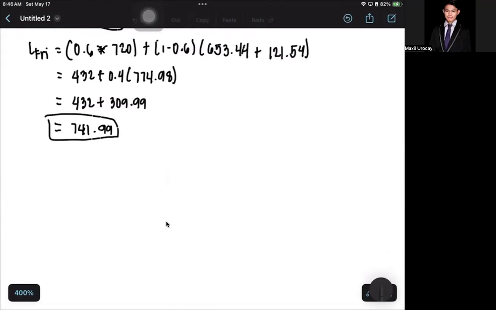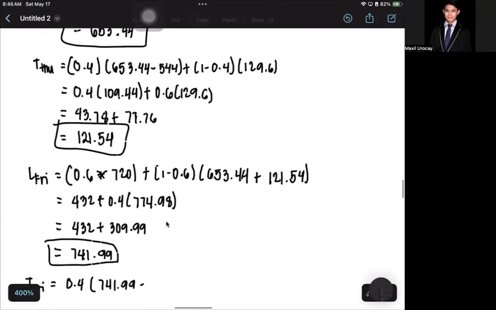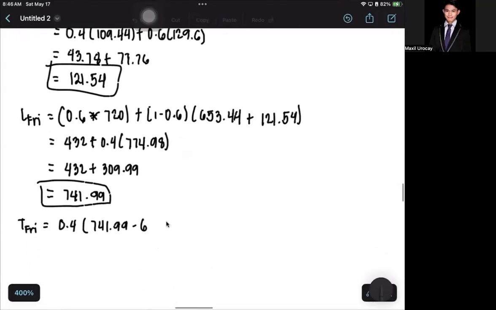Then your trend for Friday is your beta, which is 0.4 times the current level, which is 741.99, minus the previous level. The previous level that you have in Thursday is 653.44.